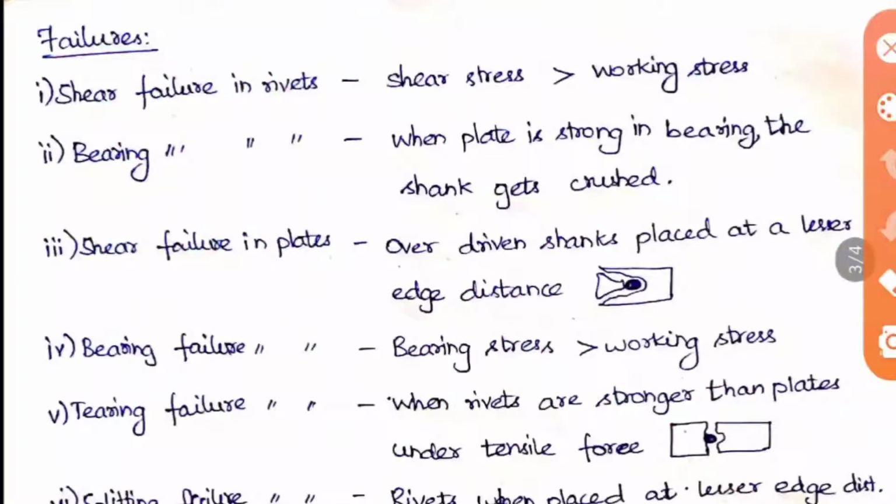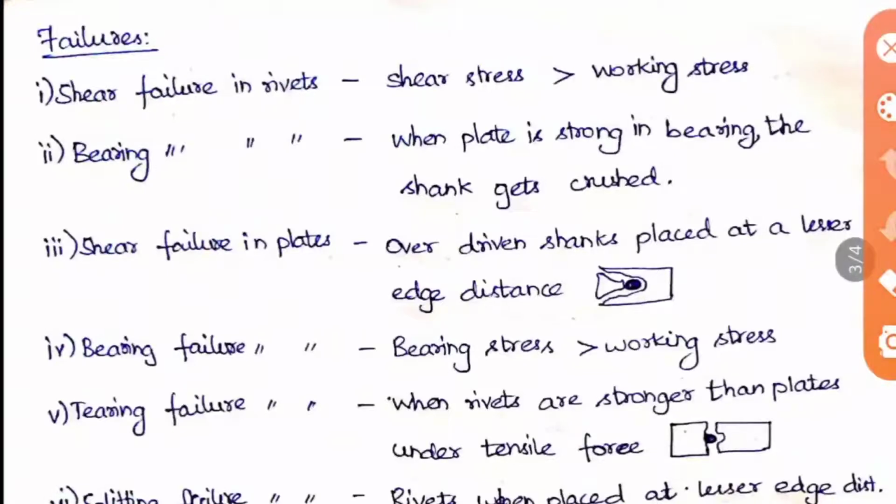And then comes the failure. This is also an important topic here. What are the types of failure that happen in riveted connections? The first one is shear failure in the rivets. When the shear stress in the rivet becomes greater than the working stress of the rivet, shear failure happens. The next one is bearing failure.